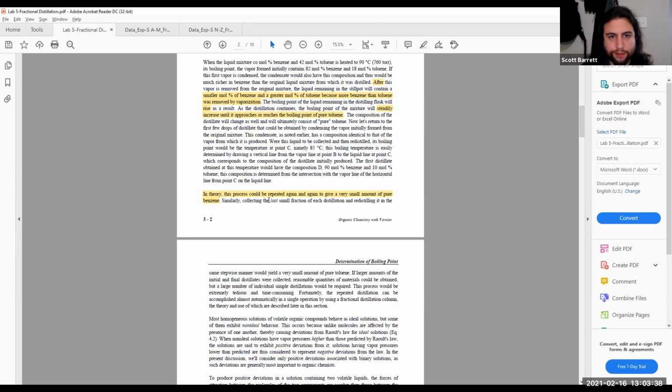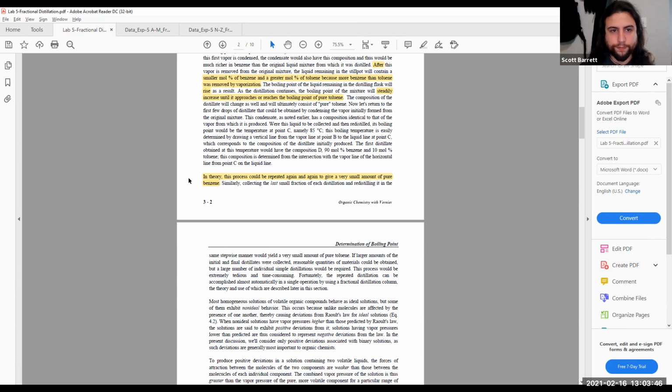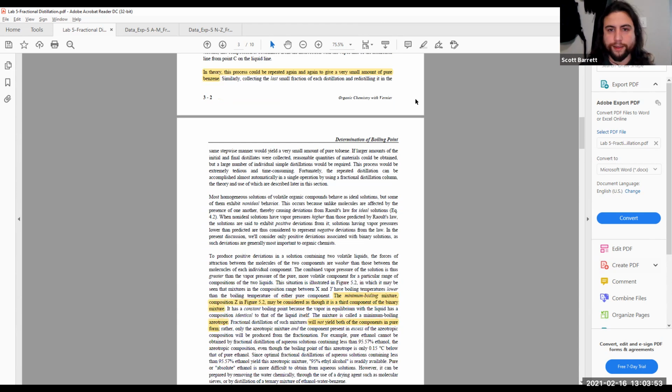This continues to explain the continuation of boiling over more and more of the compound. In theory, the process could be repeated again and again to give a very small amount of pure benzene. That's the main concept here: to continually boil off the more volatile substance and eventually be left with the pure substance in one flask, and a composition of the other in the other flask.